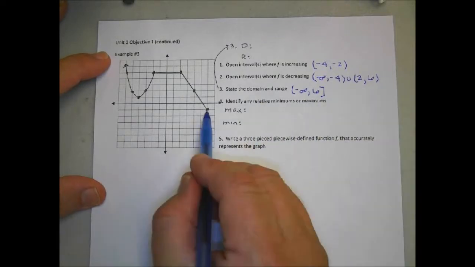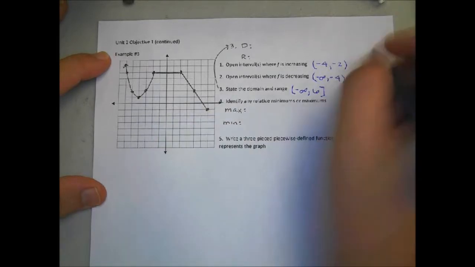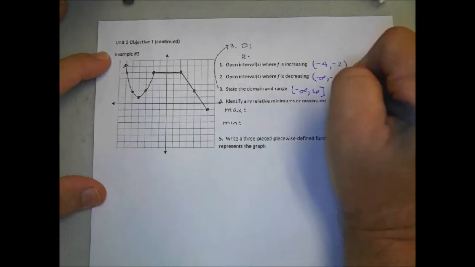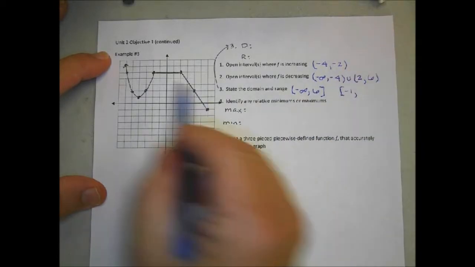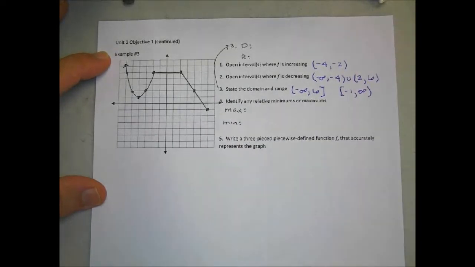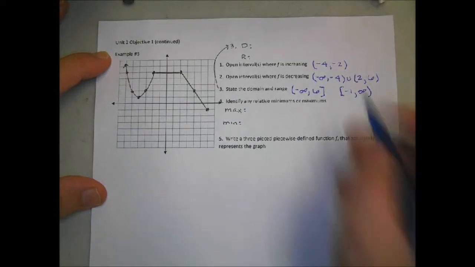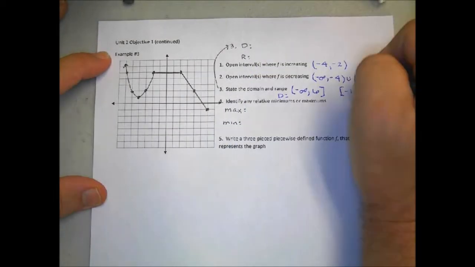The range, the lowest value is -1. We do get to use -1. And the highest value, this side of the graph, goes up and up and up forever. So there's our right-hand side of the range. Now, the domain, and this is the range.